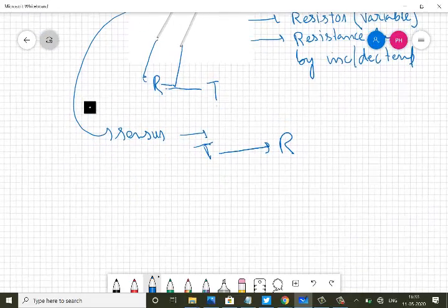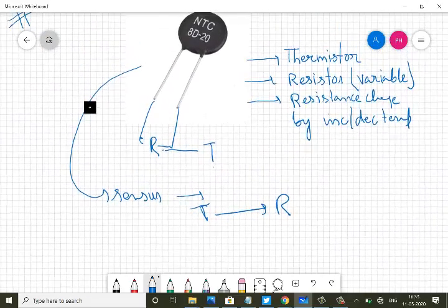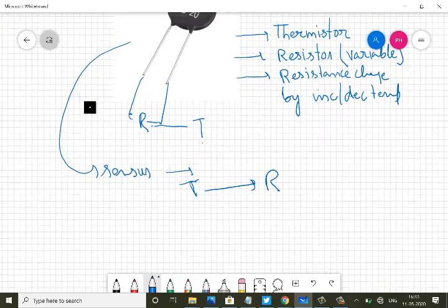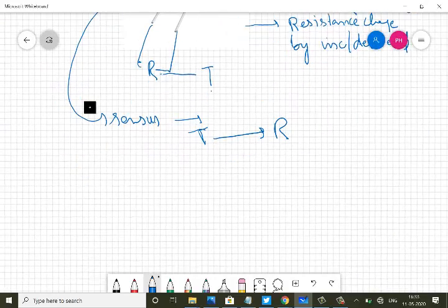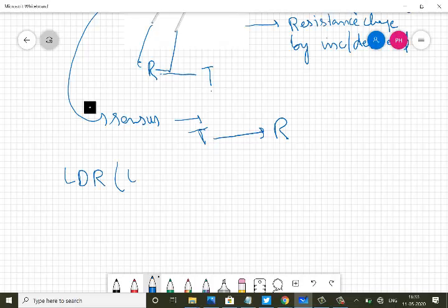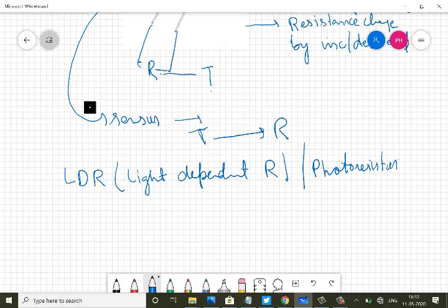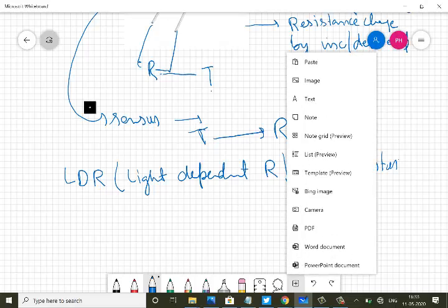Similarly, we have another sensor that is known as an LDR, light dependent resistor. Or we also call it a photoresistor. Let me show the picture.